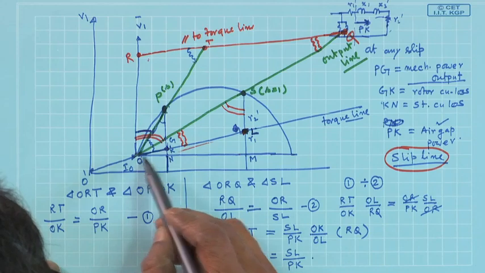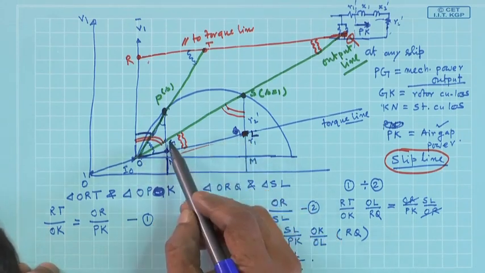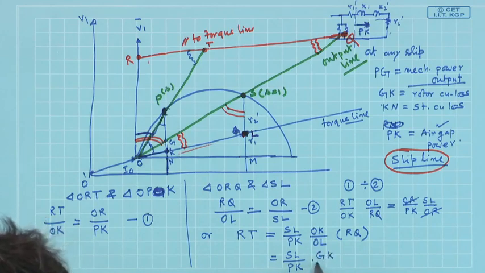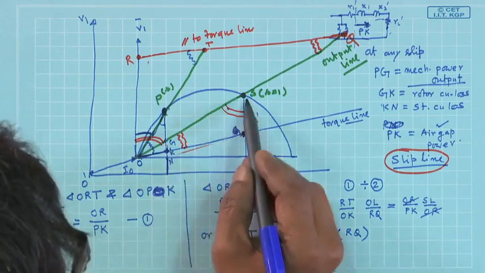So, OK by OL will be same as GK by SL, because these two are parallel.